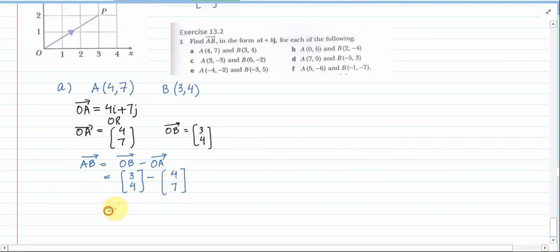If you subtract these two, 3 minus 4 is minus 1, 4 minus 7 is minus 3. So that is your vector AB. And in terms of i and j, we can say that AB is equal to minus i minus 3j.